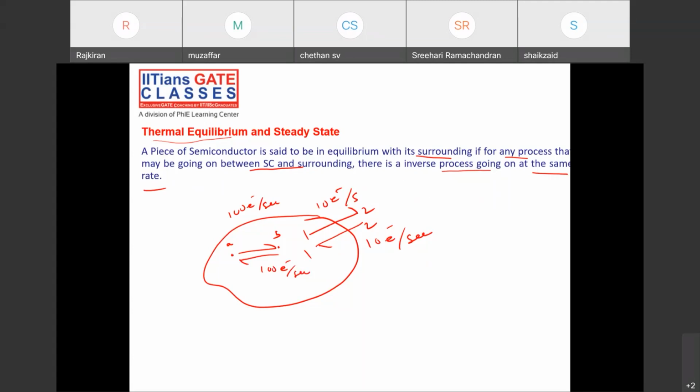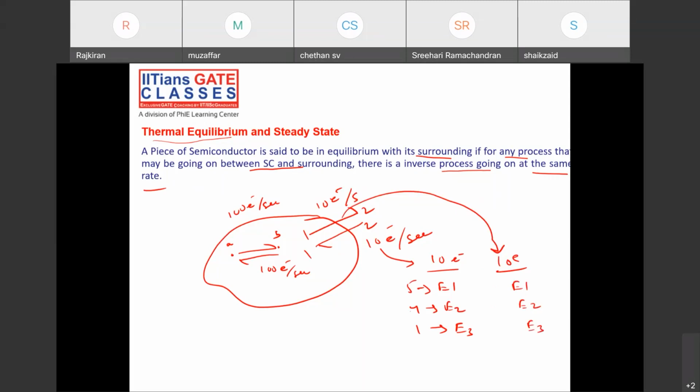Also, one more thing. Suppose out of these 10 electrons, 5 are having energy E1, 4 are having energy E2, and 1 is having energy E3. Similarly, from 2 to 1, the same: 5 electrons will have energy E1, 4 will have energy E2, 1 will have energy E3.